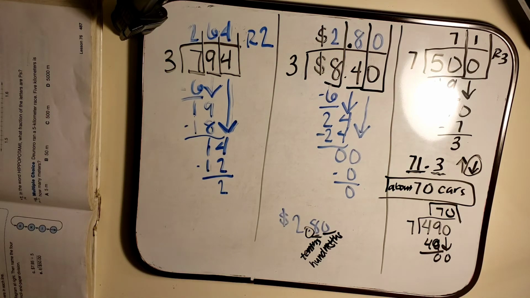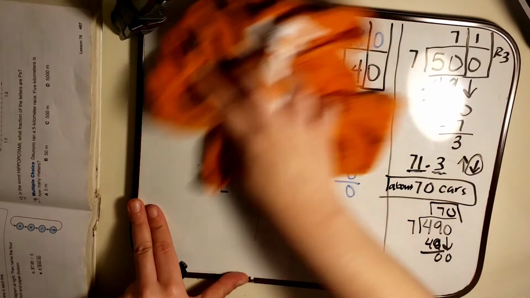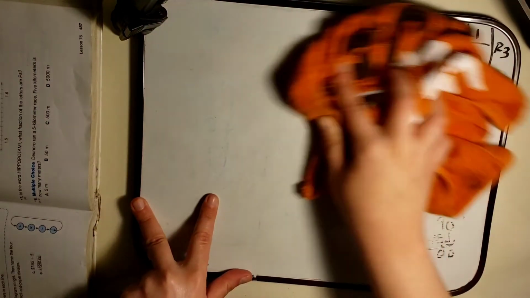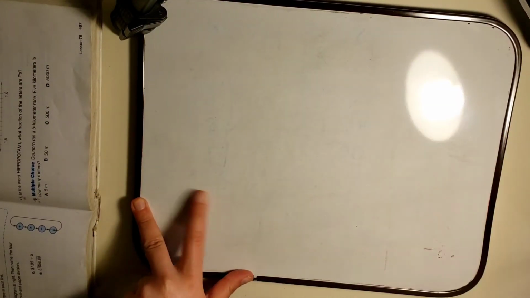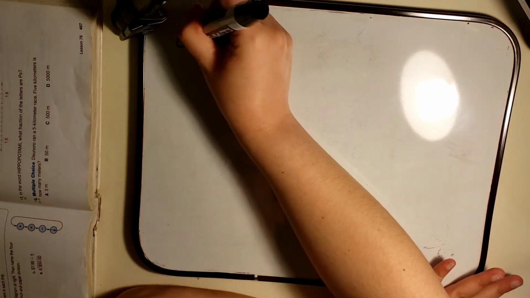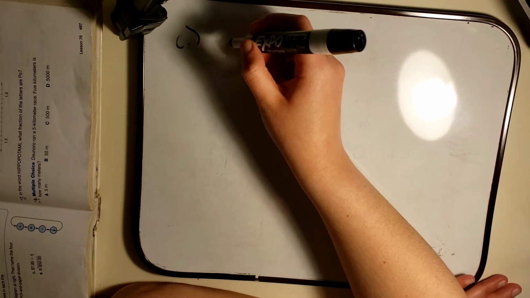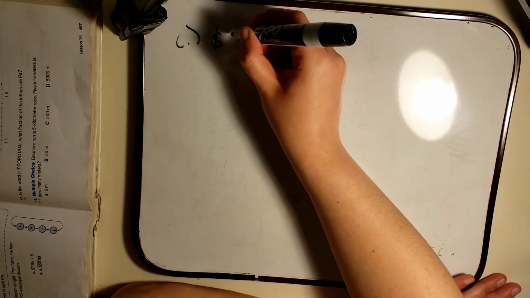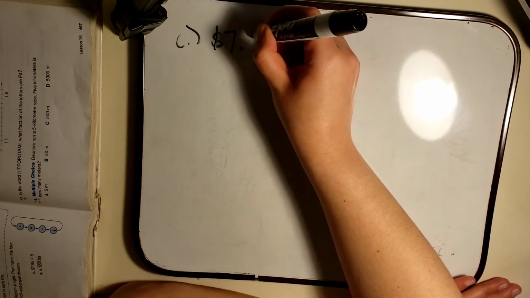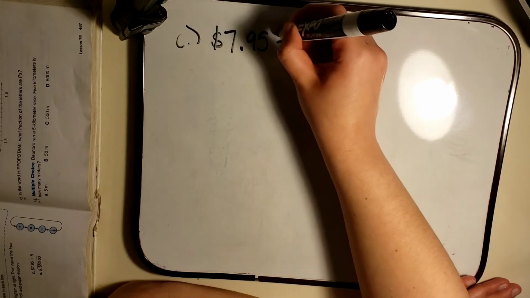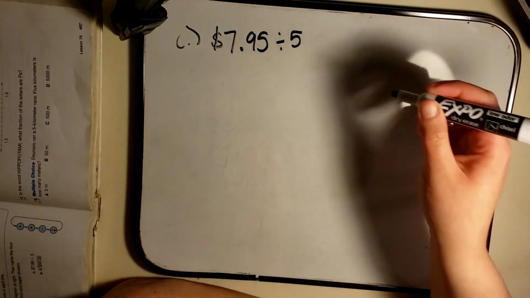Those are your examples. I'm going to do some lesson practice numbers real quick. I'm going to do C and D. C says $7.95 divided by 5.